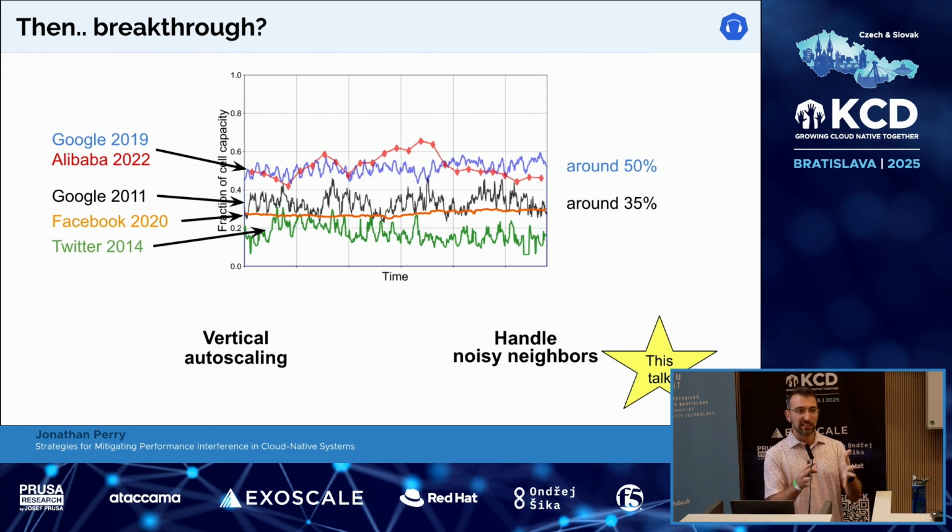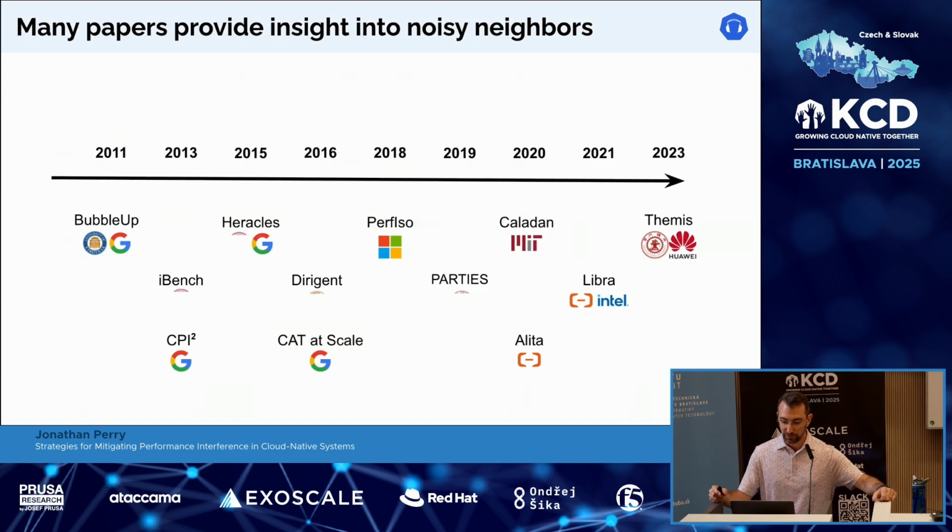The second contributor was their ability to handle noisy neighbors. As you pack containers more tightly, they start interfering with each other's performance. And to enable you to run at that higher density, you need to be able to tackle that type of performance interference. And this is the subject of this talk.